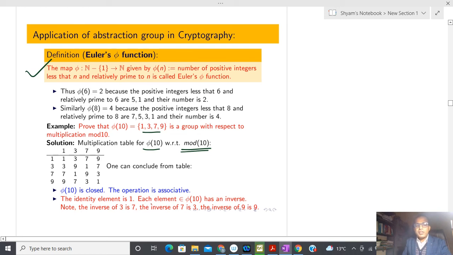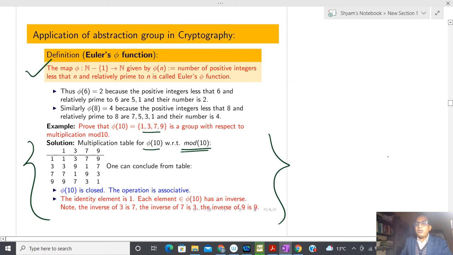It is not difficult to check that the inverse of 3 is 7. Please do it by yourself and verify that all properties are satisfied. In this way we are proving that the Euler function phi, with respect to the modulus operation, forms a group.